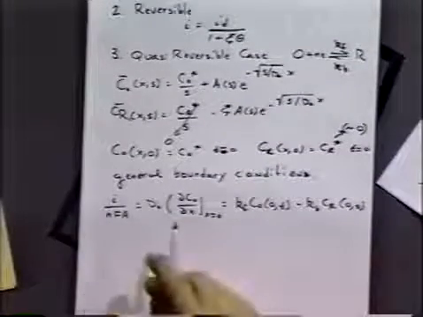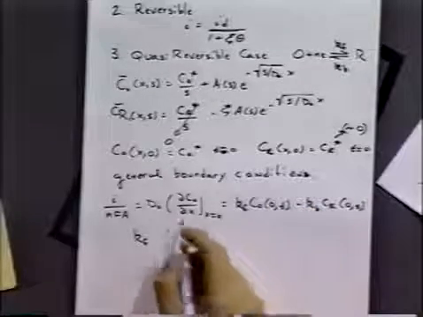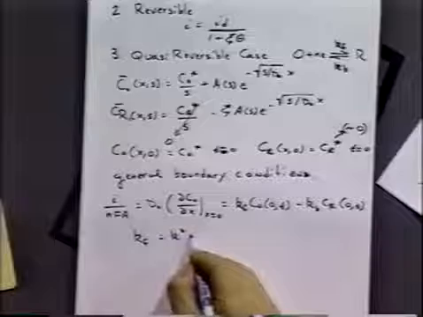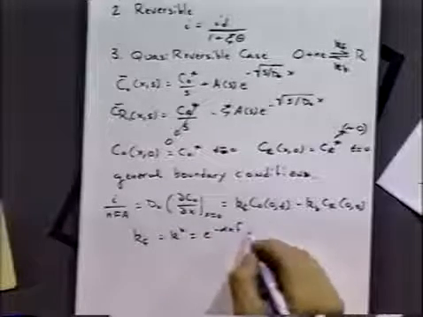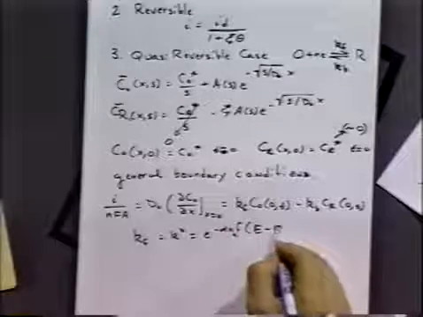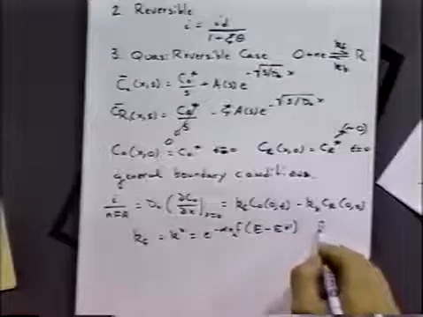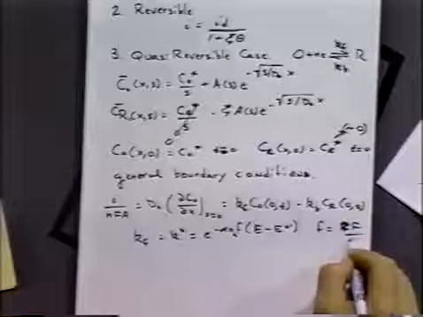You can recall the form of the Kf and Kb from the previous chapter. Kf is equal to K0 e to the minus alpha n sub a f times E minus E0 prime, where f is equal to F over RT.